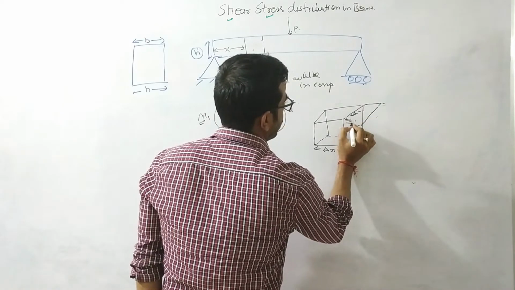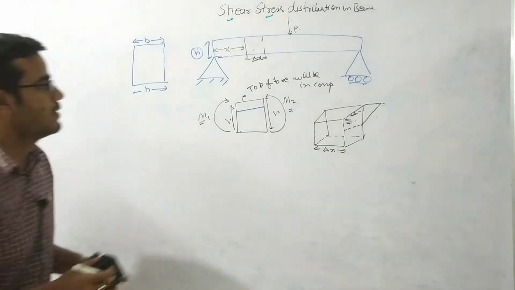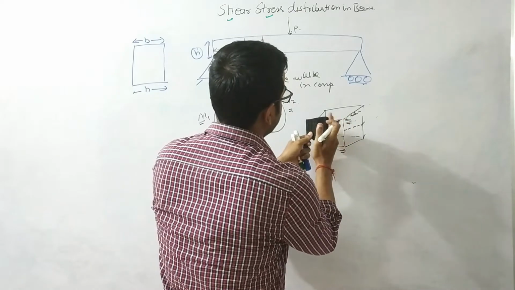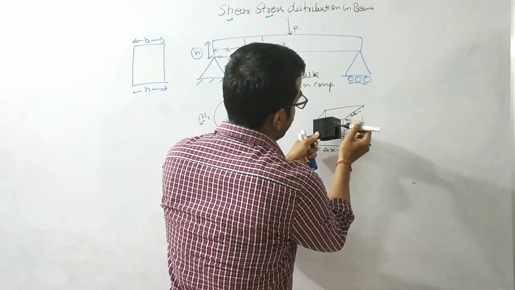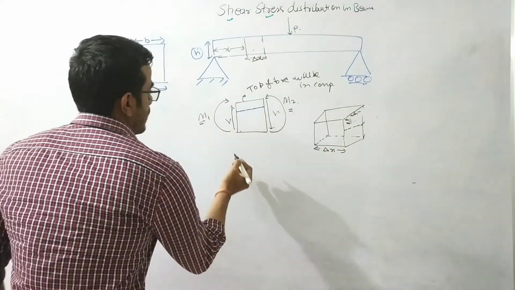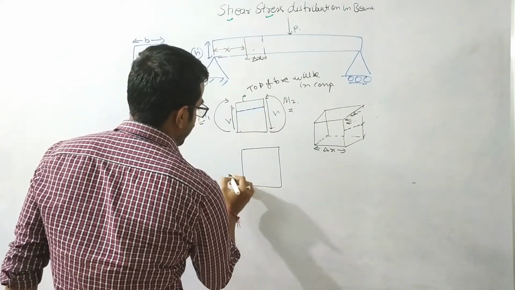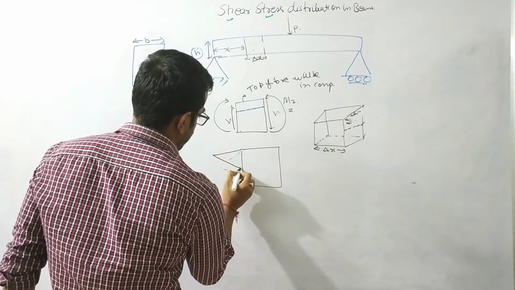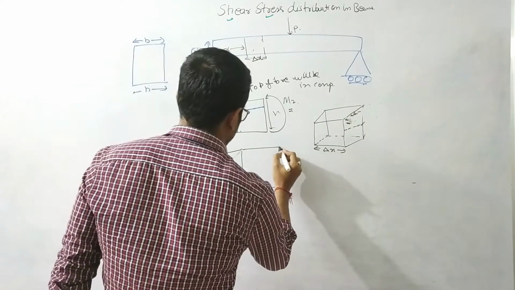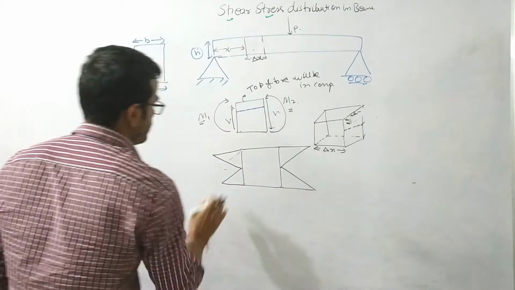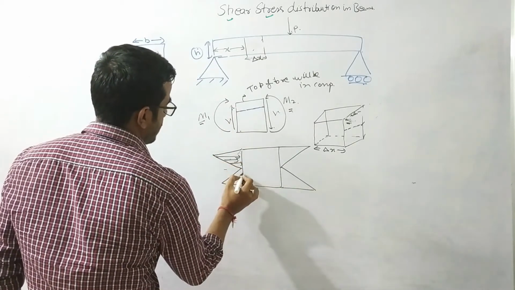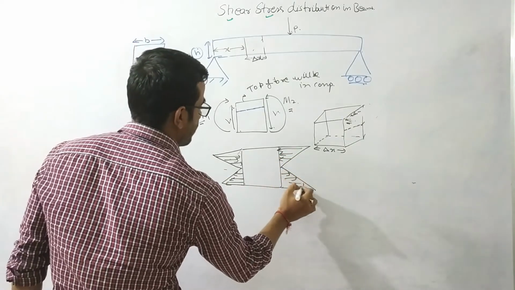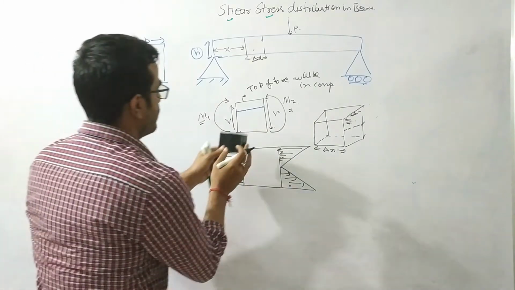Actually, I need to draw this in 3D. Let us suppose this is the cross section of this element; the compressive stresses will act up to this neutral axis. If I draw this in front view, it will be more clear: this is compressive, this is tensile, this is compressive again, this is tensile again.